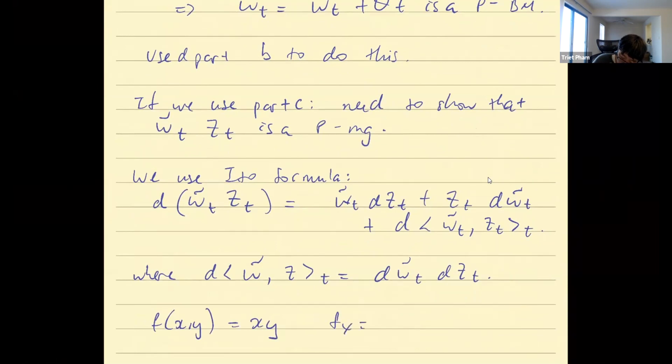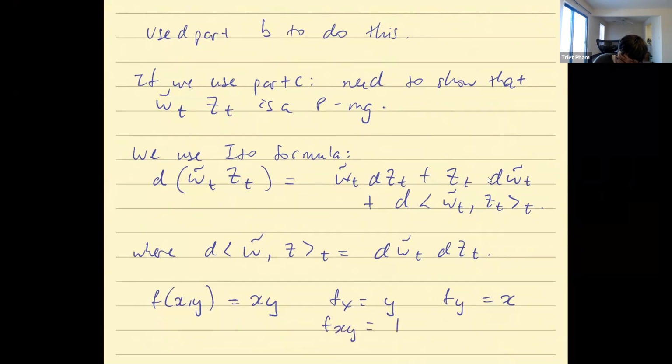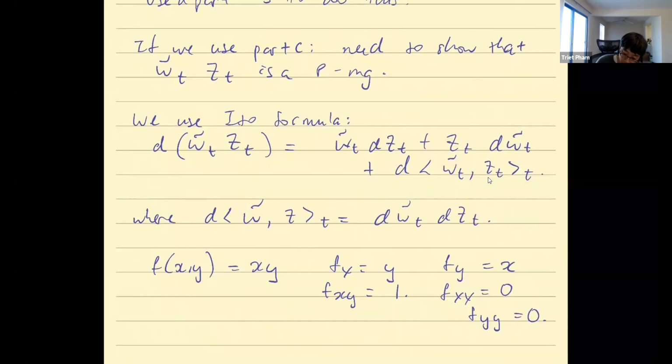F sub x is y, f sub y is x, and the cross derivative is 1. There's no quadratic variation because f of x x is equal to 0. Is that okay? Apply to this.